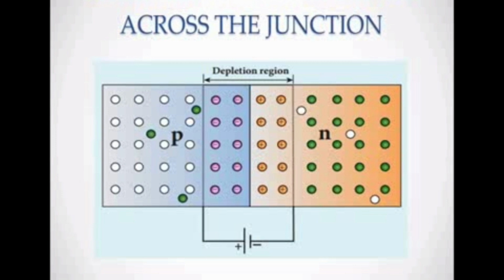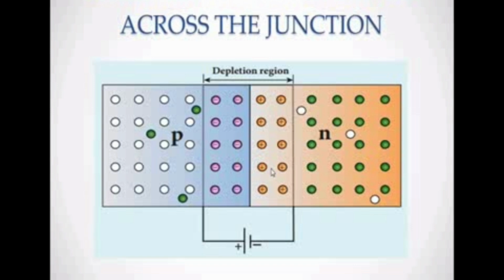So they produce a barrier potential, and energy is needed to pass from P to N side or N to P side. The interchange and the depletion layer grow until equilibrium is reached. After attaining equilibrium, it stops.